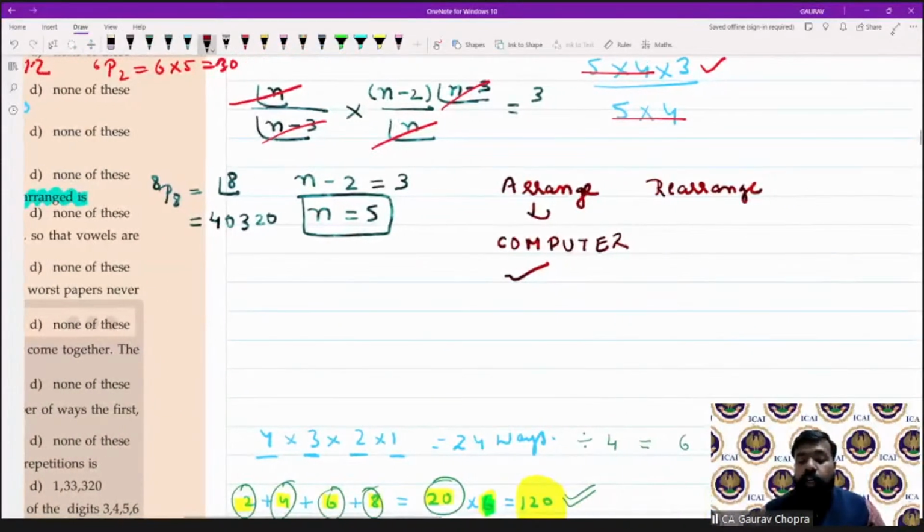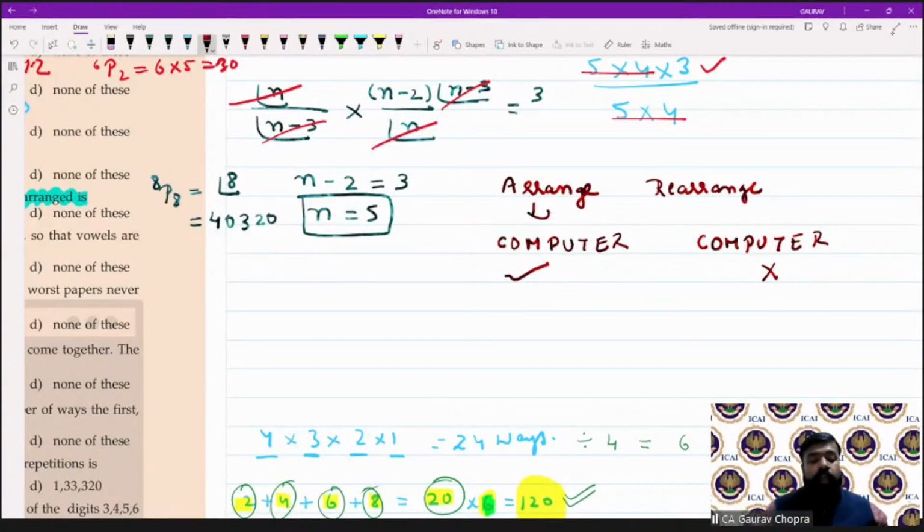But when we are talking about rearrangement, that means we have to skip the given spelling. We don't have to include the word computer. Besides computer, how many other possibilities are there? This we have to find out. So whenever rearrange is there, that means computer को छोड़ के और कितनी spellings बन सकती है? This we have to count.